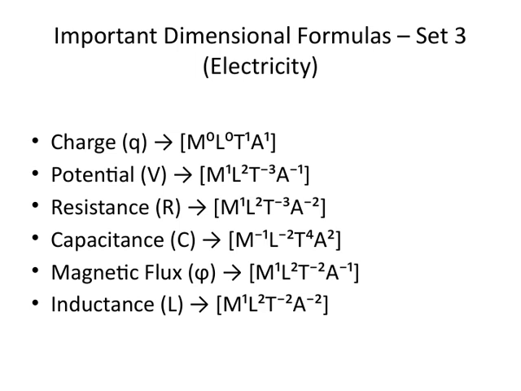This quantity relates to magnetic fields and the amount of magnetic field passing through a given area, involving energy and magnetic properties. Following that, we have inductance, L, which is given by M1L2T-2A-2. Inductance describes how a circuit opposes changes in current, and its dimensions are similar to magnetic flux, but with an emphasis on the current's squared inverse.